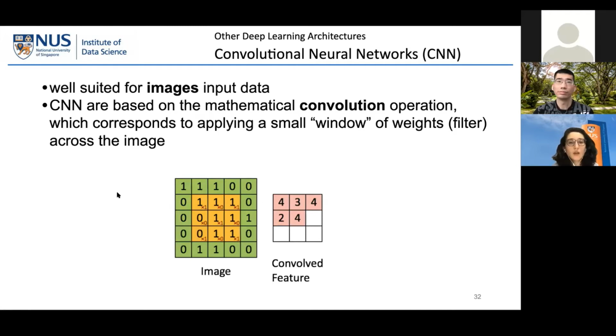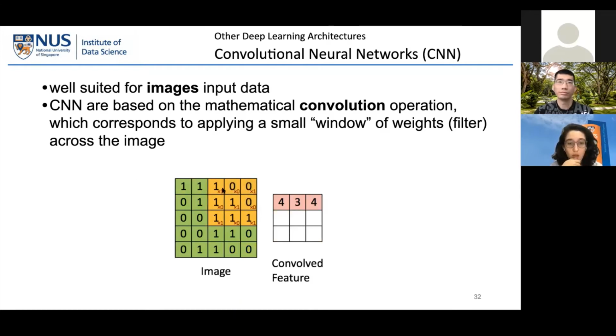And why is it called a convolutional neural network? Because it's based on the mathematical convolution operation. So in 2D, here's just an animation to show you how it works. Basically, the idea is that your model will have some filter with some weights.